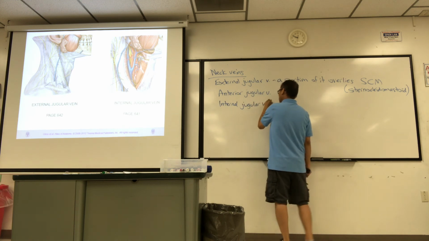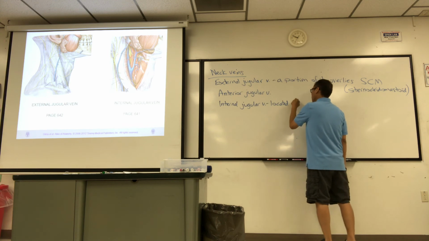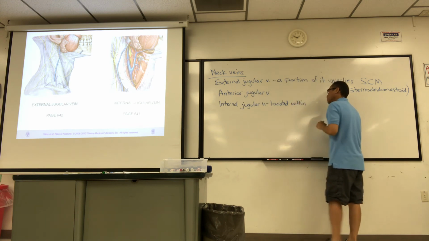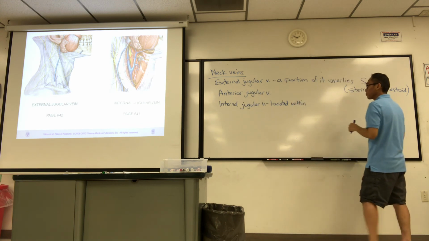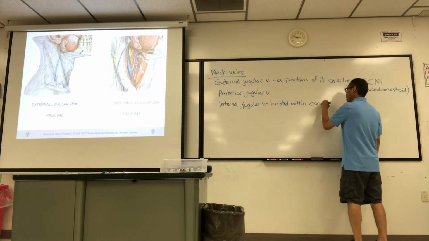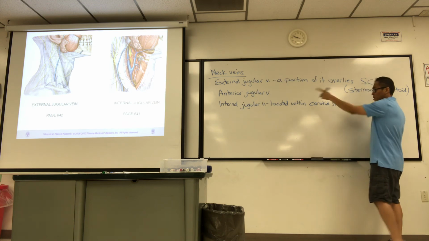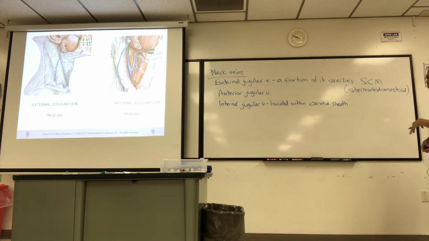Internal jugular vein is located within the carotid sheath. Look at the picture. You can see where it is. It's kind of posterior medial to SCM.